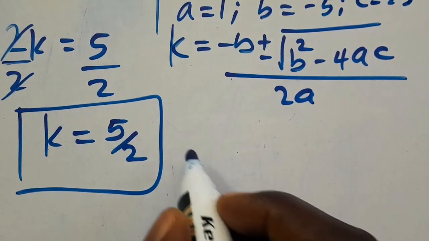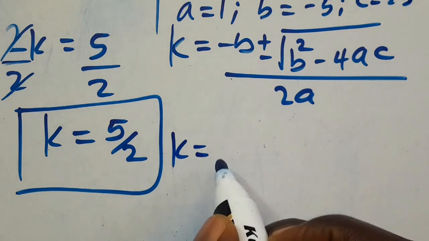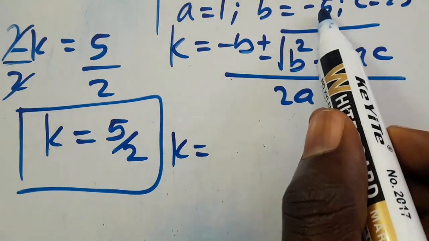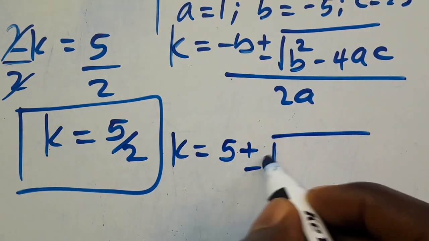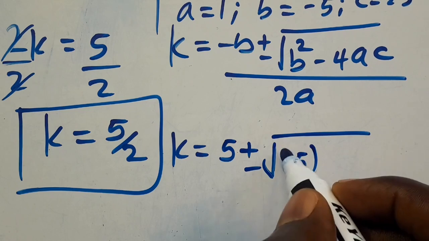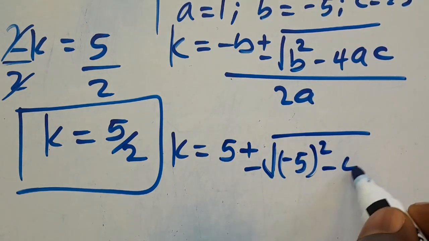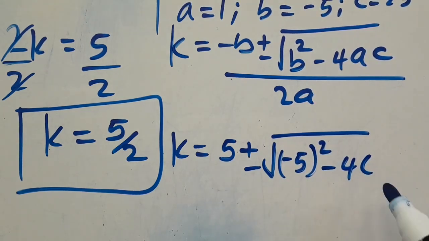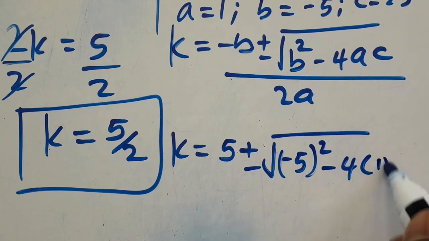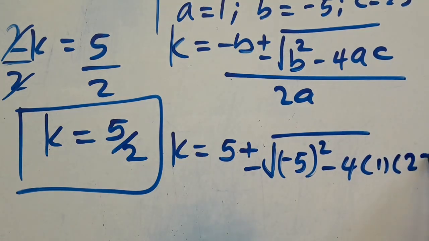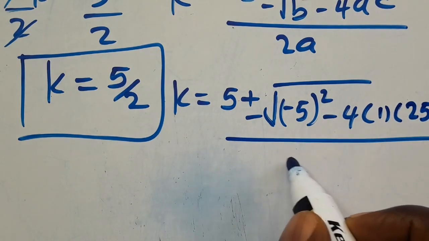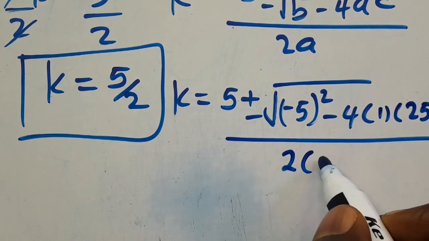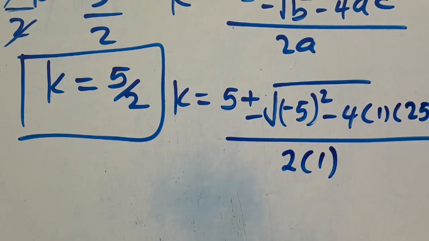Then when you substitute everything here, we have k equals, minus is outside already, we have here to be 5, positive or negative, minus 5 all in bracket to the power of 2 minus 4 multiplied by, our a is 1, then our c is 25, then all divided by 2 into a is 1.